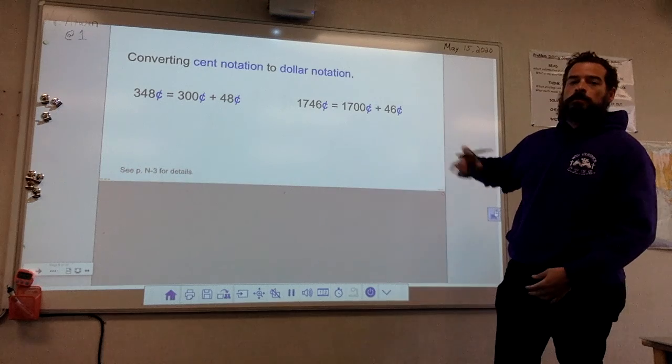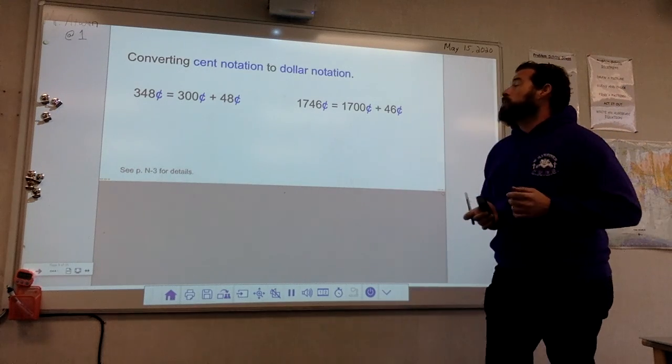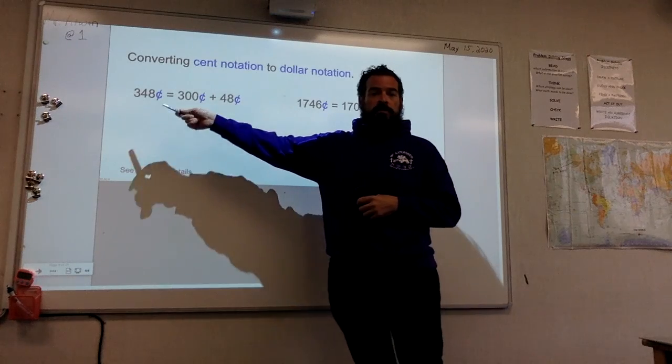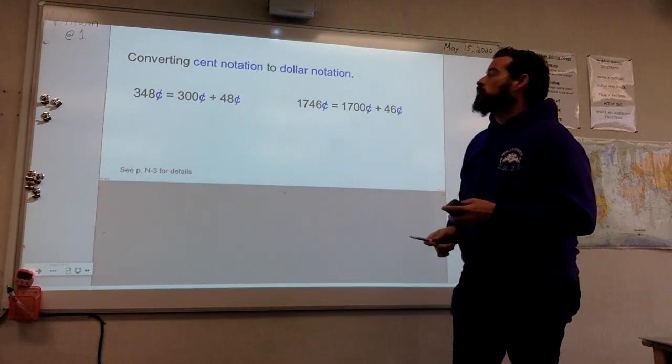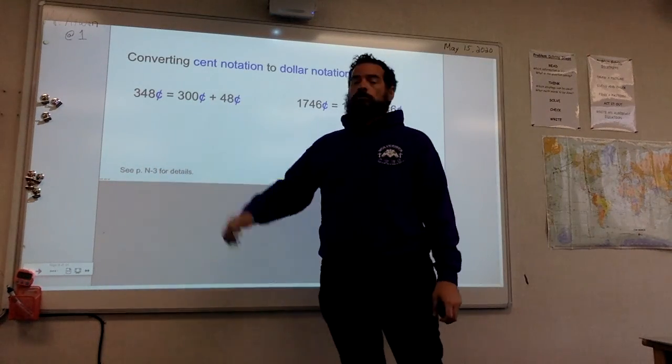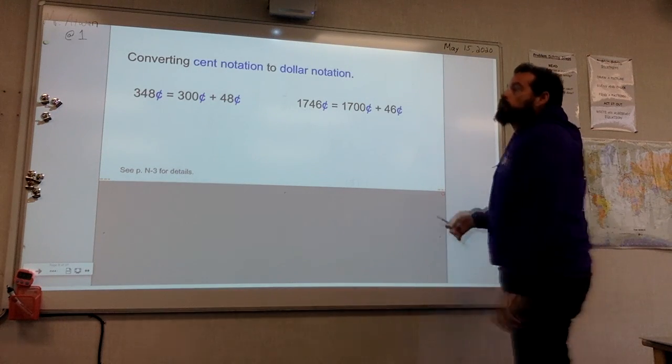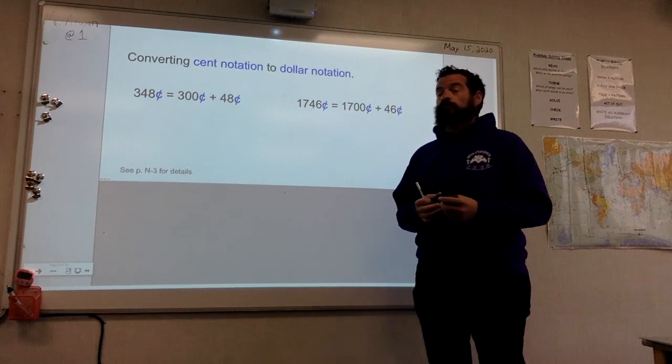Okay, so here's what I was talking about, converting cent notation to dollar notation, but now we're getting into amounts that are greater than 100. So 348 cents equals 300 cents and 48 cents.